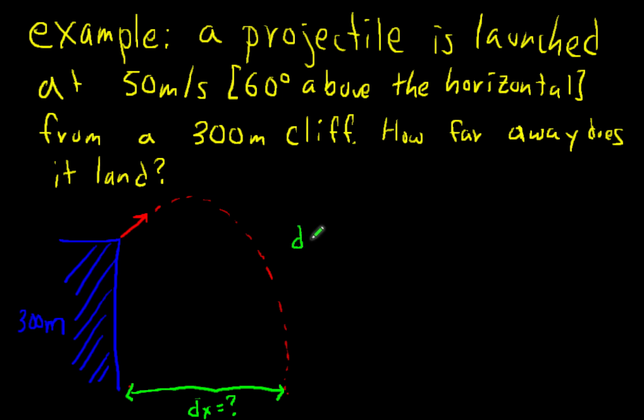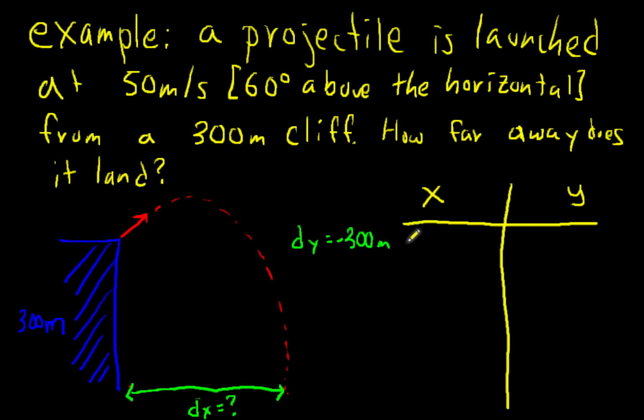We know the dy. This is the vertical displacement. It falls down 300 meters, so dy equals negative 300 meters. Negative because it falls down. The two different sides of our problem: the x side has Vx equals 50 cos 60, dx equals question mark, and we need time to solve for dx, which is why we go to the y side.